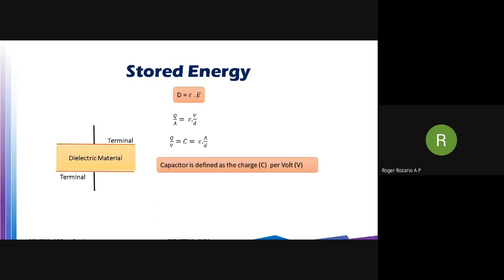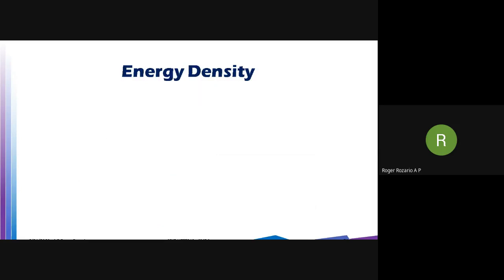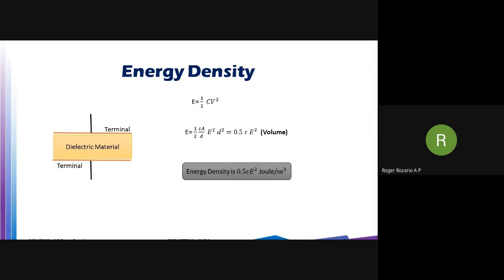Now you have calculated the value of the capacitance from the dielectric Ohm's law at a point. You have also calculated the energy, E equal to half C V square, and from energy we found an expression for energy density also. The energy density is nothing but, per meter cube of the dielectric material, the amount of energy the capacitor can store.